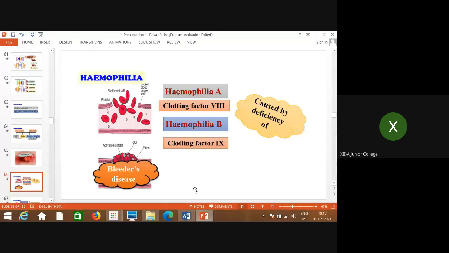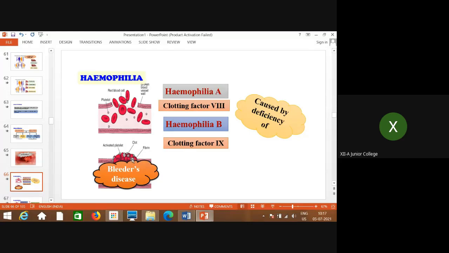There are different clotting factors. When there is a deficiency in clotting factor 8, which is not able to clot the blood properly, then hemophilia A is observed. When there is deficiency in clotting factor 9, hemophilia B is observed.